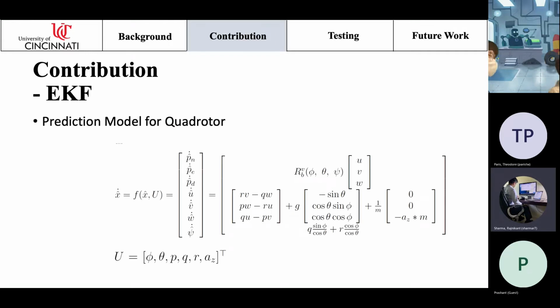The prediction model for the quadrotor was the same as homework 7. We predicted the position, velocity, and psi. We did it for the quadrotor and boat in the inertial frame instead of the body frame.